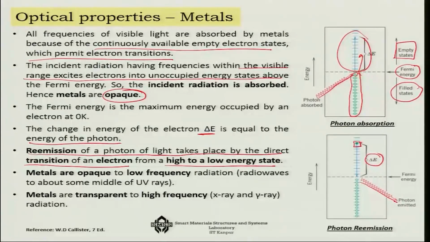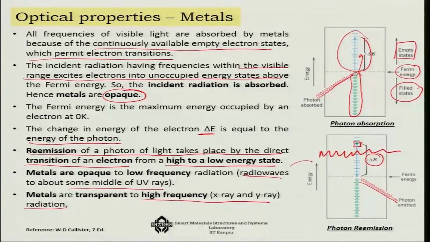Metals are opaque to low frequency radiation, for example radio waves, up to about the middle of the UV range, but they are transparent to high frequency radiation. High frequency radiations, these photons, they do not absorb, so those waves can actually pass through it.